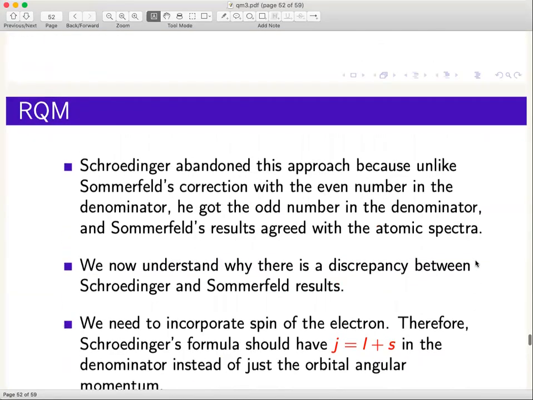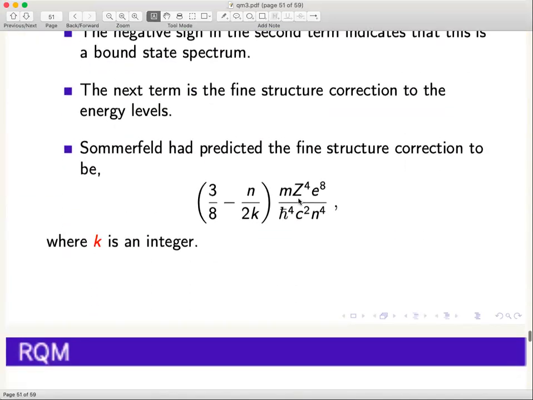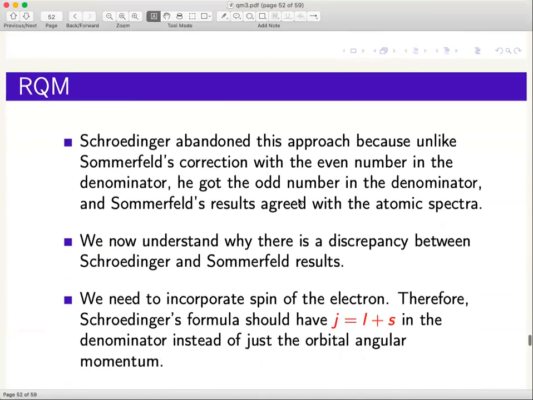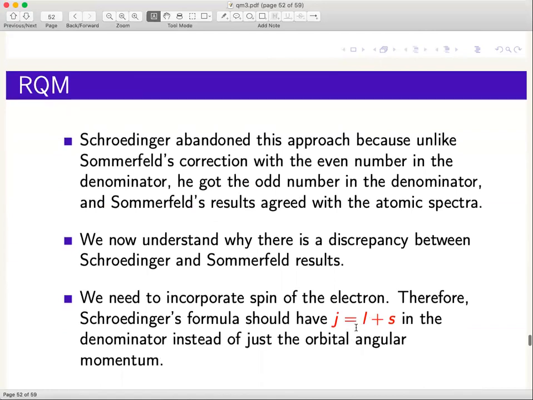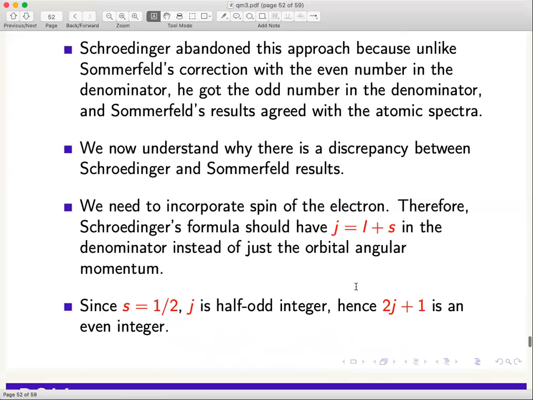Therefore whatever formula Schrodinger has, 2l plus 1 in the denominator, should actually be 2j plus 1, because if you have an electron, then you have not only orbital angular momentum but also spin, and therefore the correct total angular momentum is j, which is l plus s. Since l is always an integer and s is half for the electron, j would be half odd integer, and therefore 2j plus 1 would be an even integer.